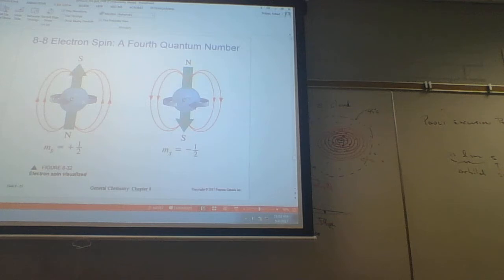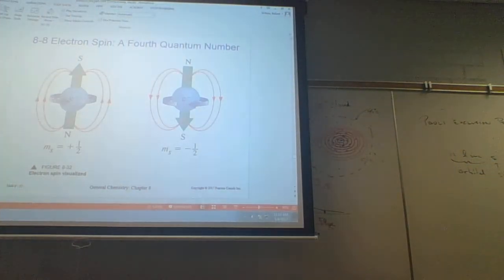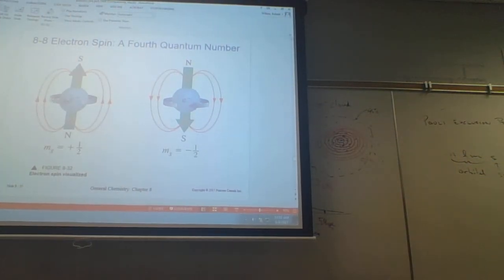And so this means that an orbital can hold a maximum of 2 electrons, one spin up and one spin down. Max capacity, 2 electrons. We can't put more than 2 electrons in an orbital because of the Pauli exclusion principle. We'll just take that as given.